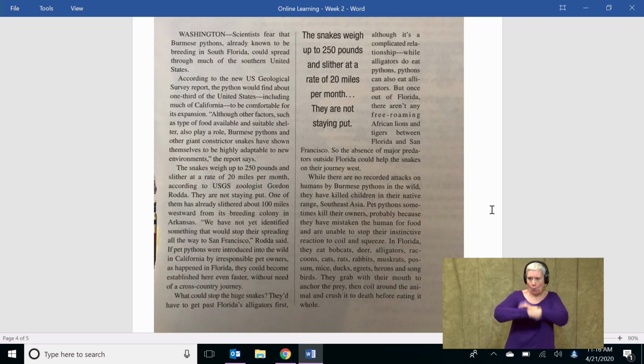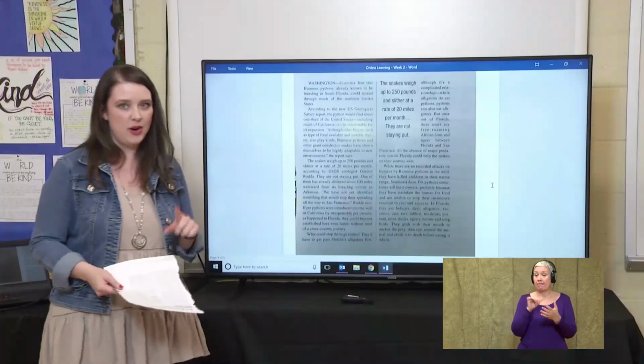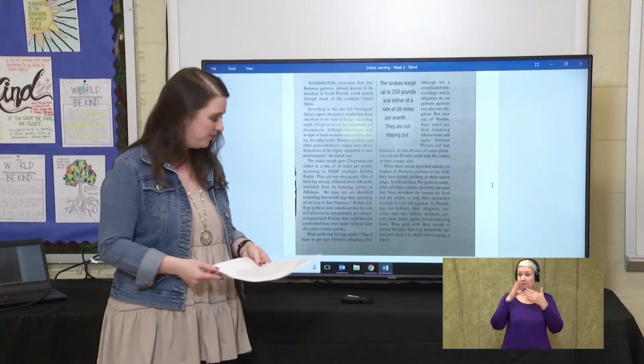In Florida, they eat bobcats, deer, alligators, raccoons, cats, rats, rabbits, muskrats, possum, mice, ducks, egrets, herons, and songbirds. They grab with their mouth to anchor the prey, then coil around the animal and crush it to death before eating it whole.